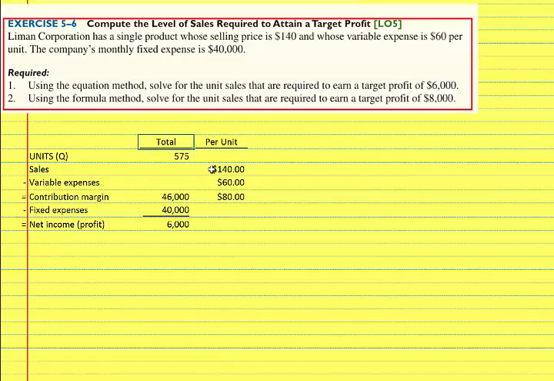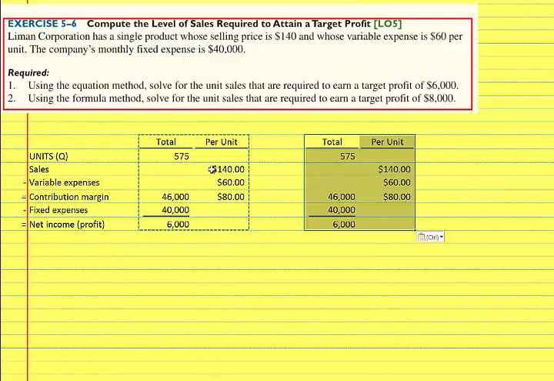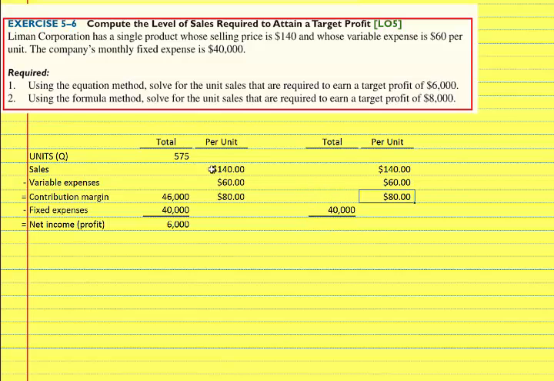For requirement 2, let me copy and paste right there. And let's go back to our original information, which is only 3 pieces of data, the 140 and 60 selling price per unit and variable expense per unit, and the 40,000 in fixed expenses.